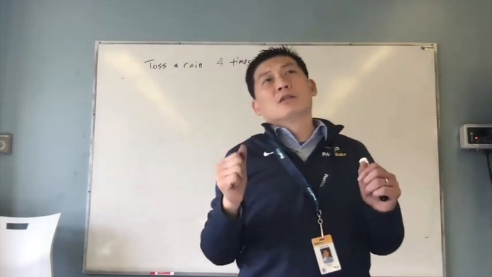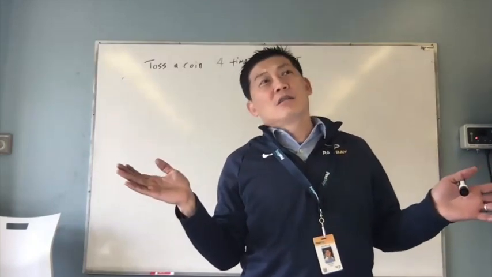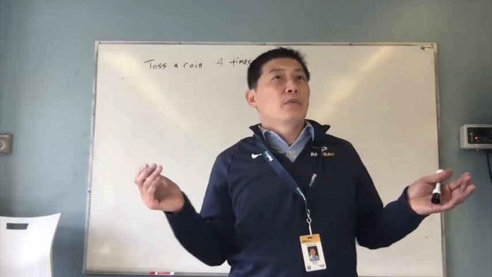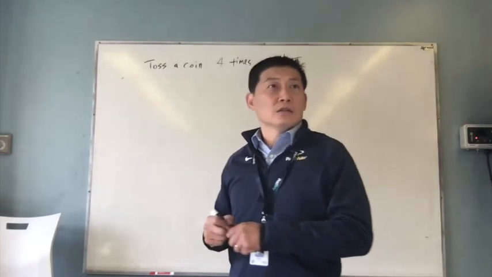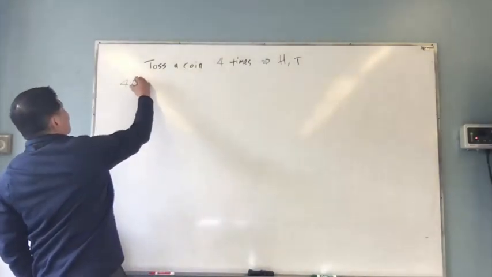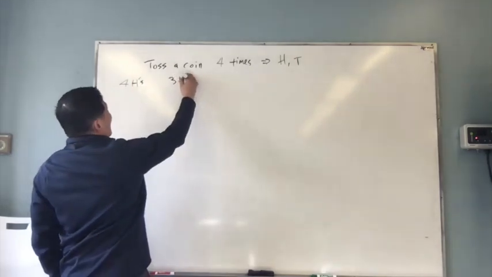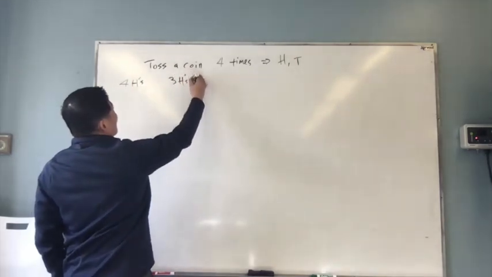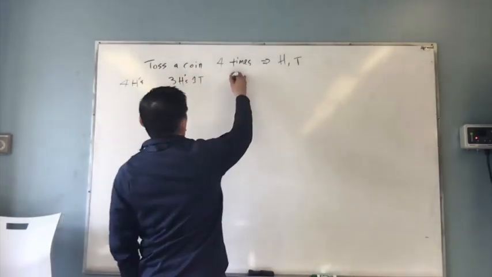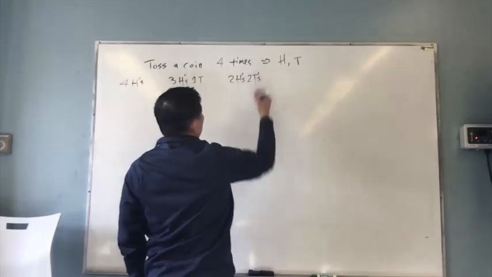We can have a possibility of getting all heads. That's kind of rare, right? 4 times all heads. That's kind of rare, but it's a possibility, don't you think? Okay, so we have a possibility of getting 4 heads. We have a possibility of getting 3 heads and 1 tail. We have a possibility of getting 2 heads and 2 tails.